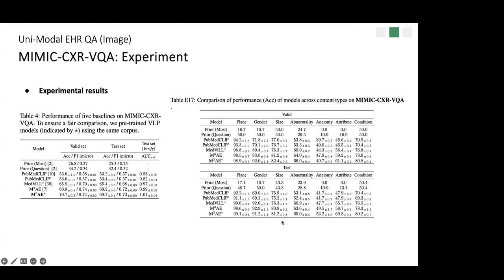But when it comes to size questions, and especially abnormality questions, performance is very underperforming compared to plane and gender. We think this is because there's a lot of uncertainty embedded inside the report to begin with, and we were not rigorous enough to filter it out. So the inherent uncertainty resides in this dataset. I'm going to talk about that in the limitation section.